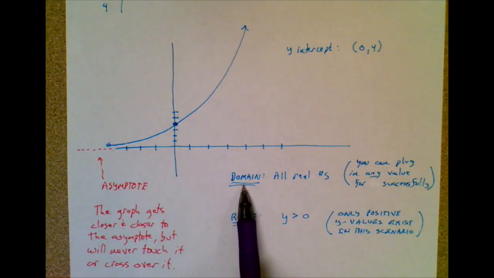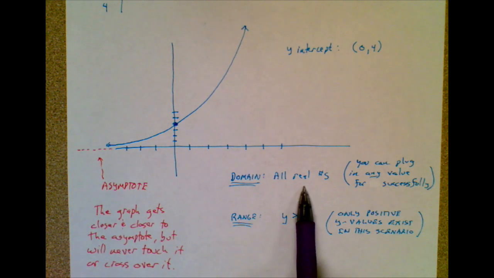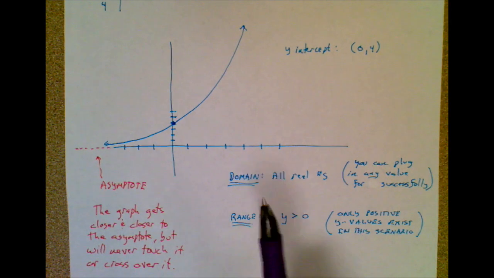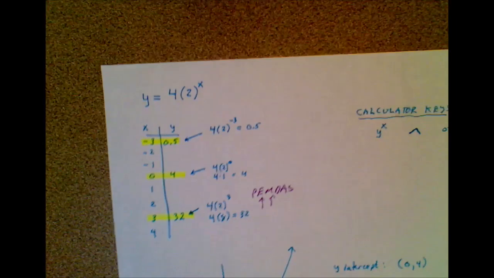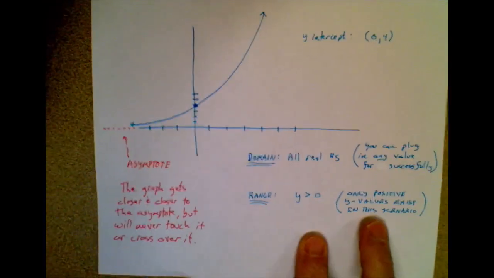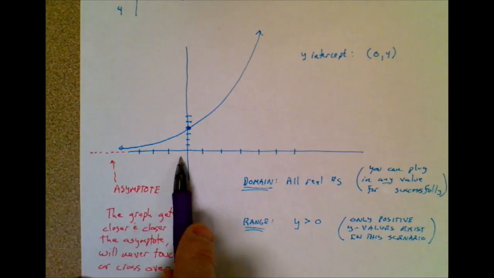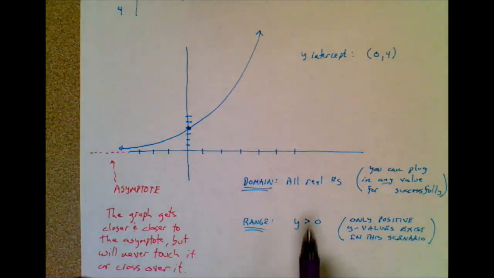So the domain, which is any x value that would work in there, is all real numbers. Any x value would work in there. You can plug in any x to this equation and get out a y. Or my graph lives forever going to the left and lives forever going to the right.